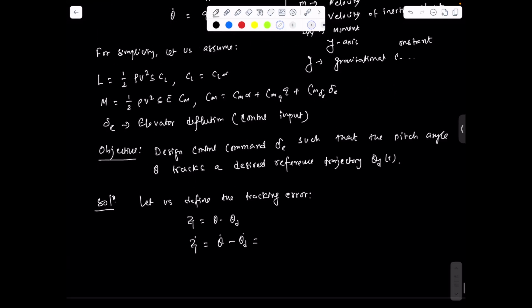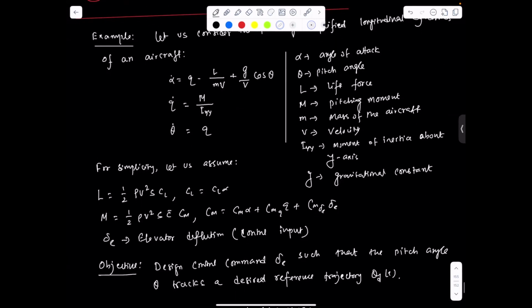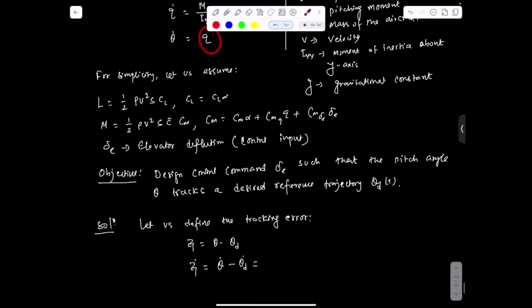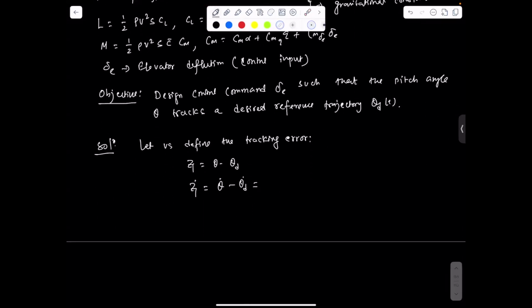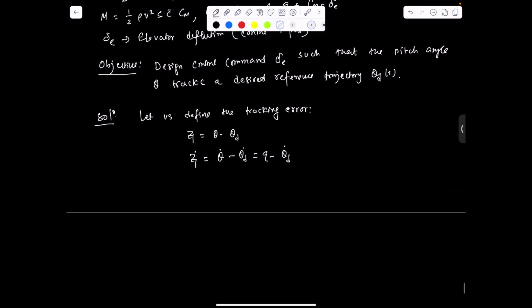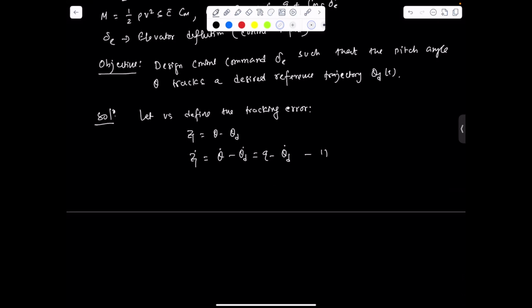In place of theta dot, we can write q, right? So we can write q minus theta d dot. Now for this equation, q is the virtual control to control the z1 dynamics.